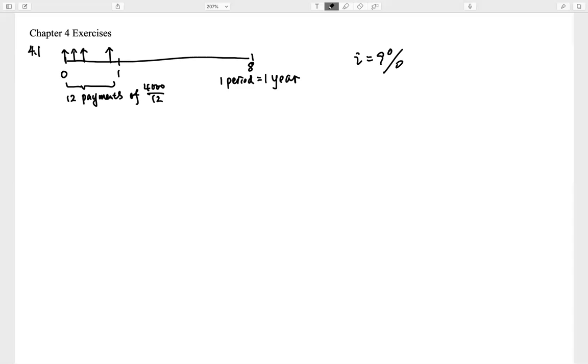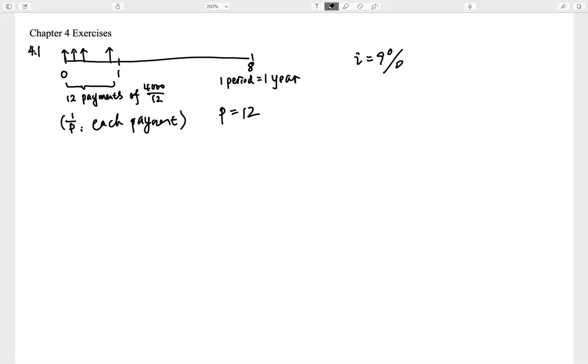Exactly, that's it. But one thing we need to know for the notation is, remember, the payment is always 1 over p for each payment. Right now, what we have is 4,000 over 12. P is 12 in this case.